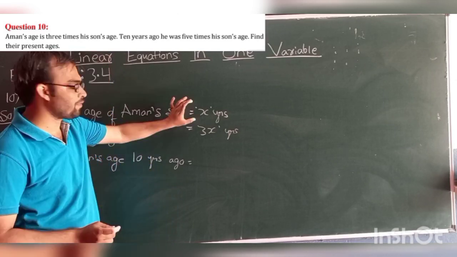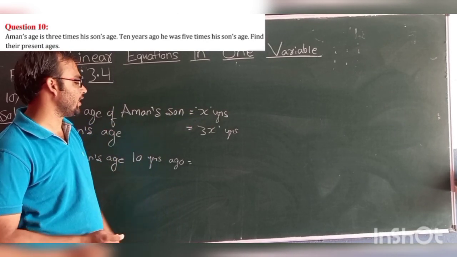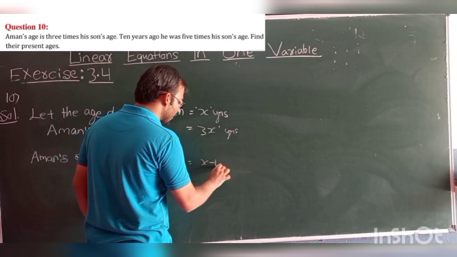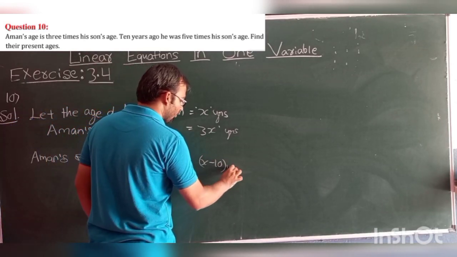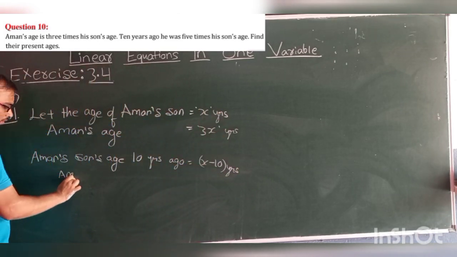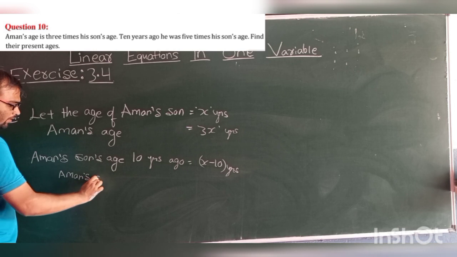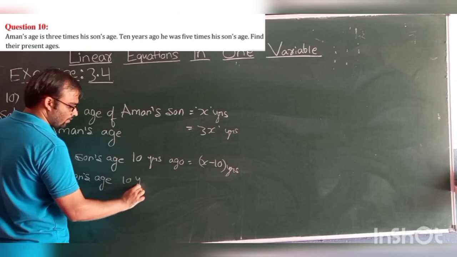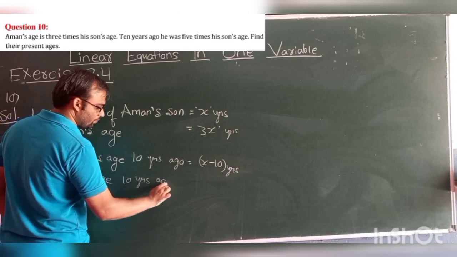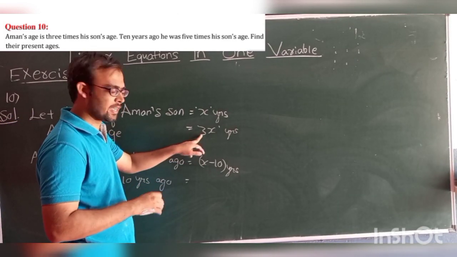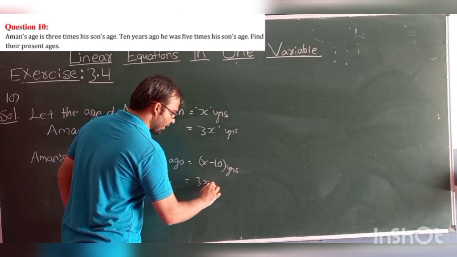In the same way, if Aman's son's present age is x years, then 10 years before his age was x minus 10 years. Next, Aman's age 10 years ago. If the present age of Aman is 3x years, then 10 years ago what was his age? 3x minus 10 years.